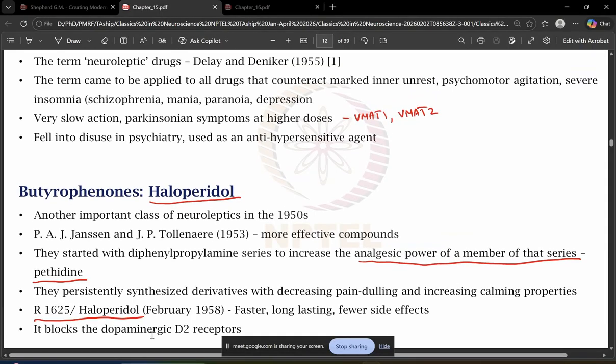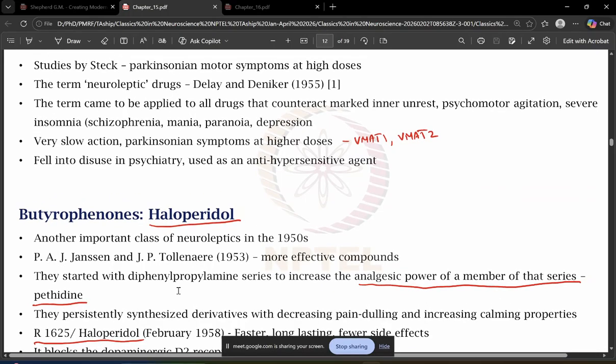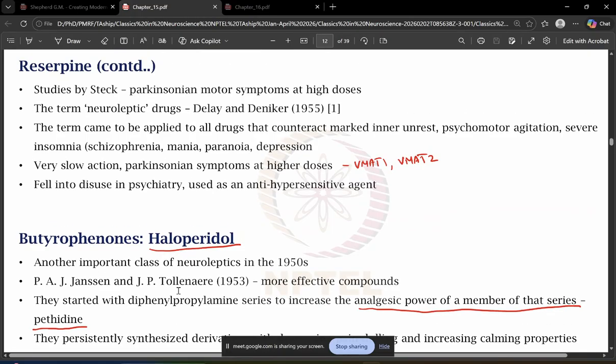Because it is able to block the receptors of dopamine, it acts as a dopamine antagonist. Because of that, it is able to calm down agitated patients, and it could be used in patients who had psychosis, for example in schizophrenia, or in manic depressive disorder, like mania, and so on.